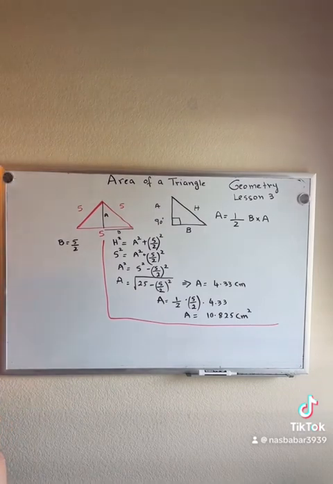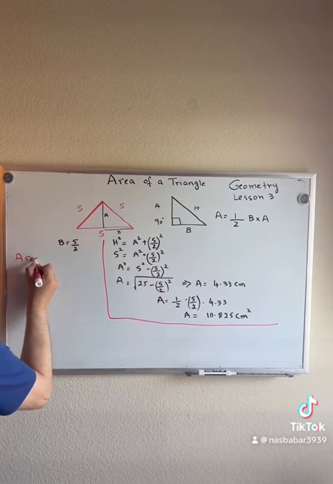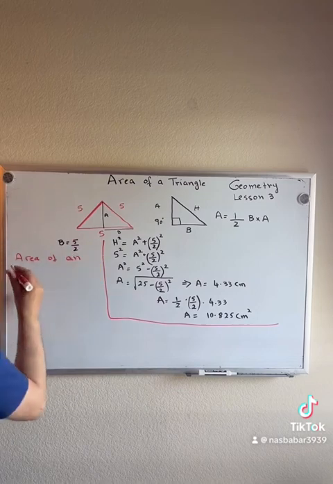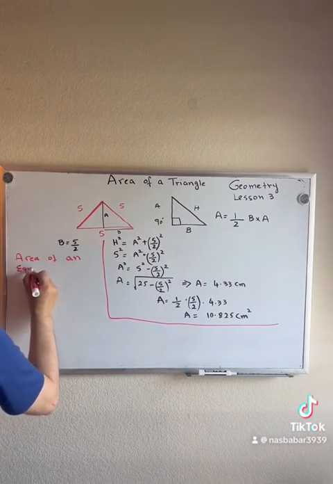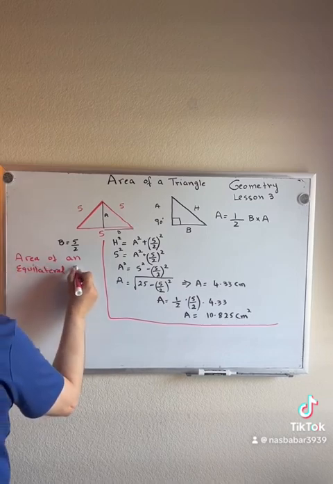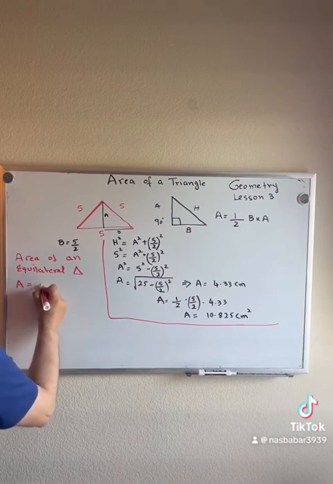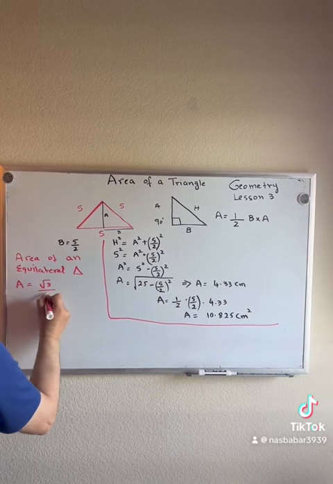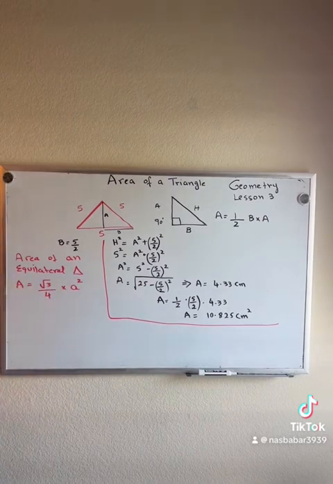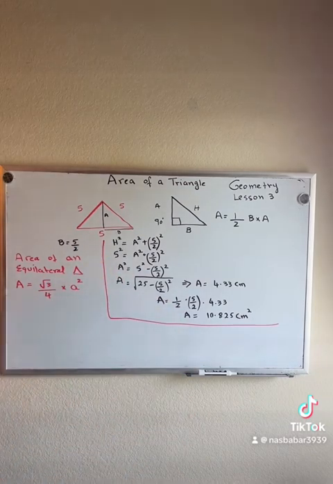So the formula I give you to find the area of an equilateral triangle, in which all the sides are same, that's the key right here, equilateral triangle, is: area is equal to √3 over 4 times A square. Boom, simple as that.